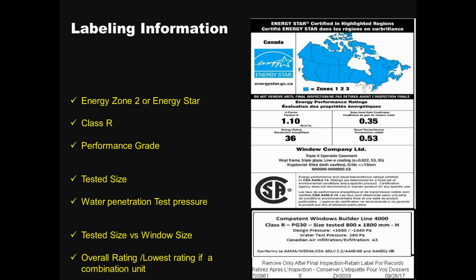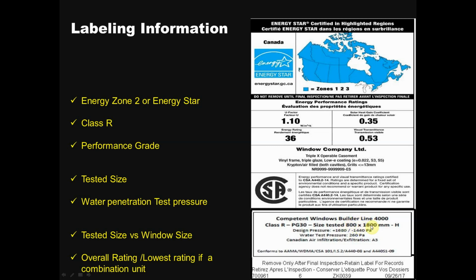Okay, so what you'll find on a label, you'll find it's Energy Star up here. In this case, it's an R class window. And you'll see the performance grade, which is PG20, tested size. If you look at that tested size and you go measure that window, that should be smaller than that tested size.